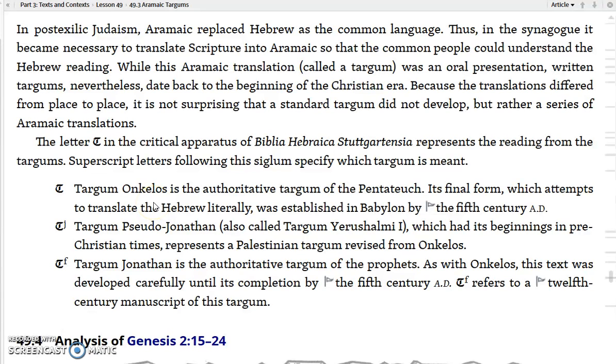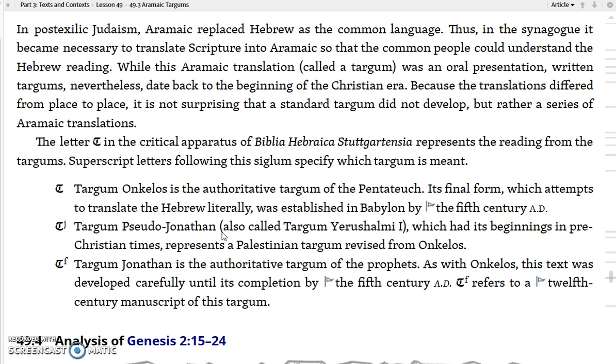It was the authoritative Targum of the Pentateuch. Its final form, which attempts to translate the Hebrew literally, was established in Babylon by the 5th century of the Christian era. So it's not super early, but nonetheless it became the standard one, and it was no doubt based on earlier translations.